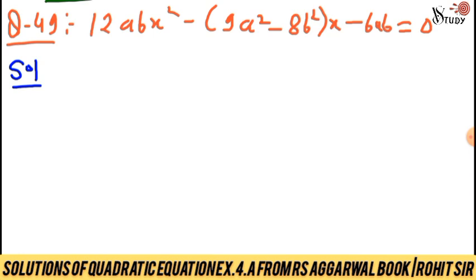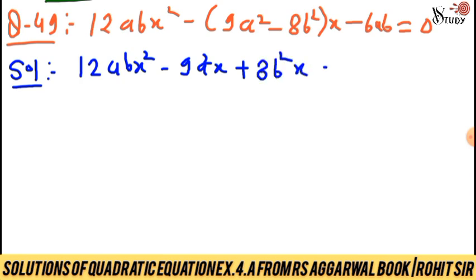For solving this question, 12abx square negative 9a square x, we just multiply the negative sign in this bracket and x. So now we have positive 8b square x negative 6ab is equal to 0. Now take common from the first two terms.